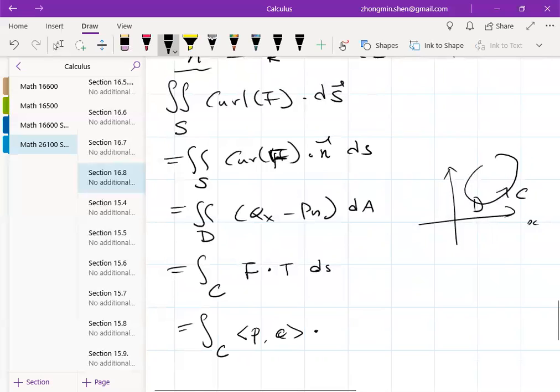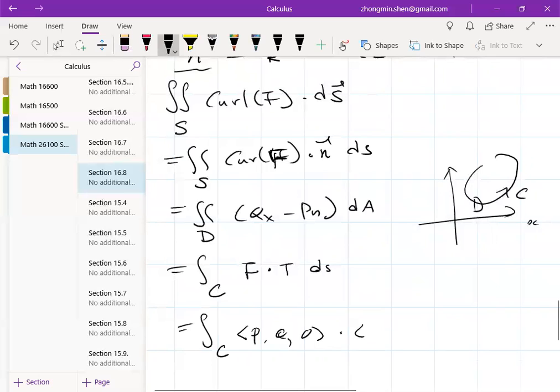So this is just the line integral for the vector field. You can put the three components here at the very beginning, and the third is going to be 0. And the tangent vector can have two or three components, depending on how you view it.